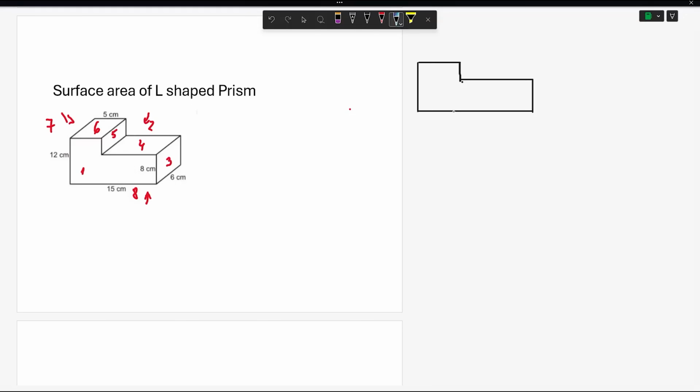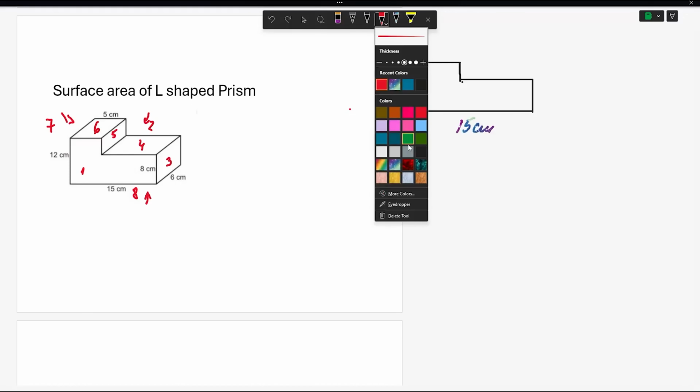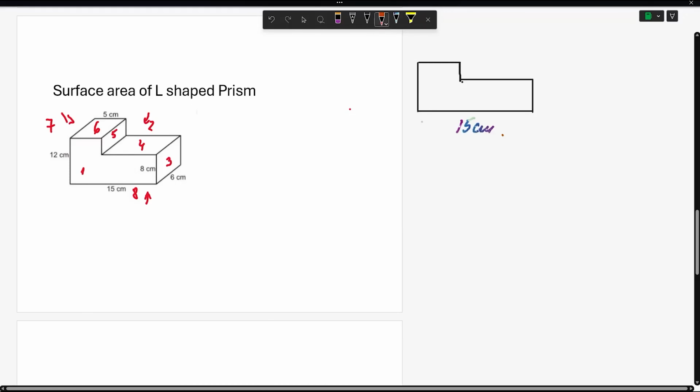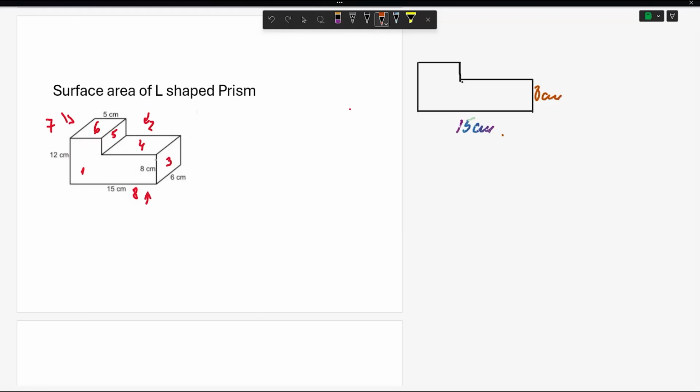So here I have 15. Then I have here 8. I don't know that side, we will find later. I don't know this side as well. This side here is 5, so you copy 5, and that one here is 12.